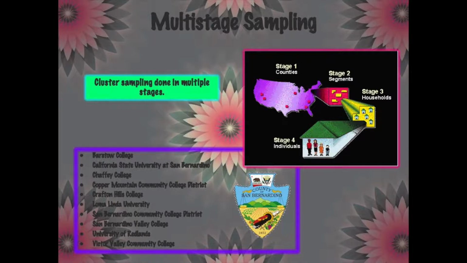And then you move on to the third stage, which is, let's say, the South. And so you make a sampling frame of all the football teams in the South, and then you randomly select from those clusters to be in your study. And you keep going until you get through the entire geographical area that you're trying to test, or your entire population. So let's now watch a video on multi-stage sampling.